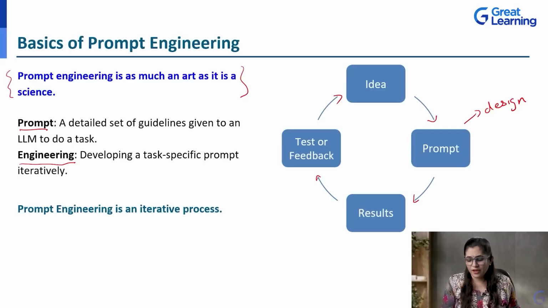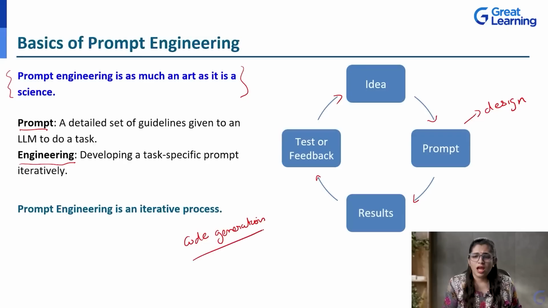For example, if you have a task on code generation, a specific problem statement can be solved through various methods. For example, you want to output palindrome.